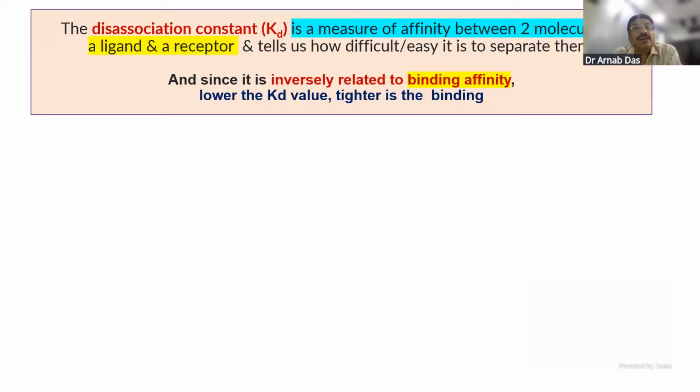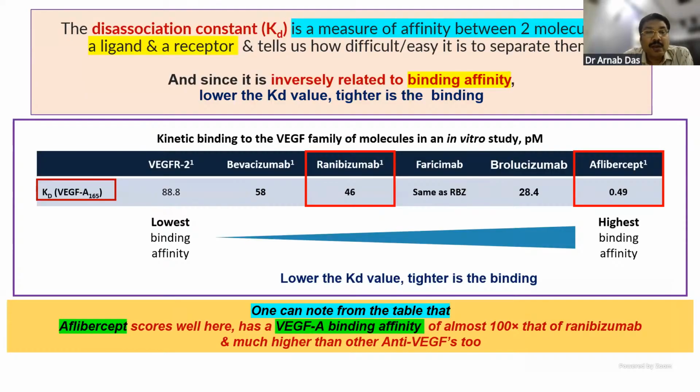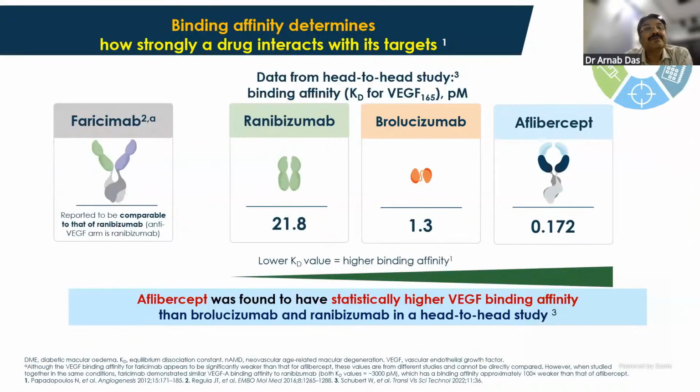The dissociation constant, or KD, is a measure of the affinity between two molecules, a ligand and a receptor. Since it is inversely related to binding affinity, the lower the KD value, the tighter the binding. One can note from the table that aflibercept scores well here and has a VEGF-A binding affinity almost 100 times that of ranibizumab and much higher than other anti-VEGFs too.